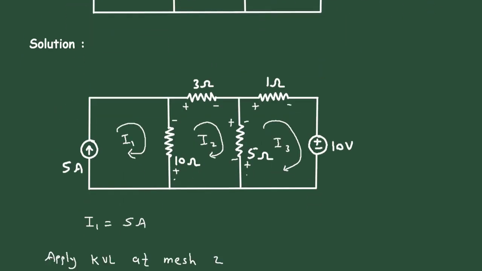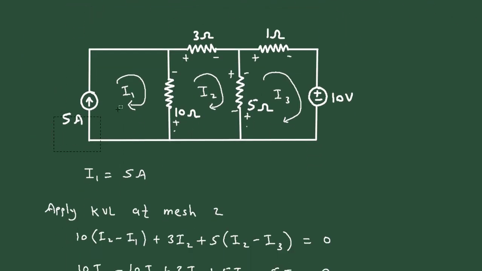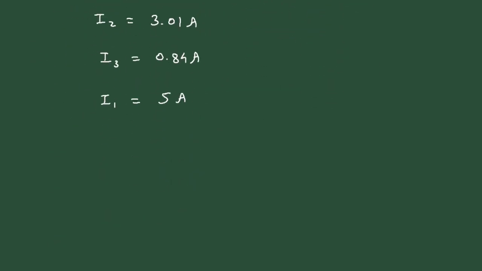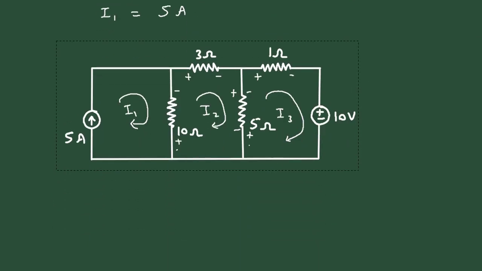So we have to determine each branch current. That means again we have to determine further currents. So here we can see, let's say this is current IA, this is current IB, this is current IC, this is current ID, and this is current IE.